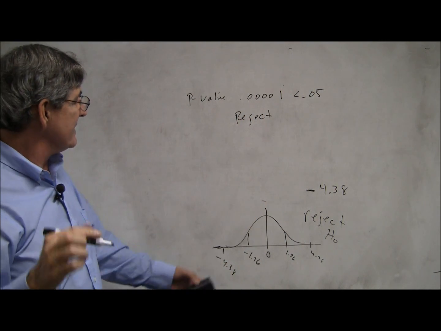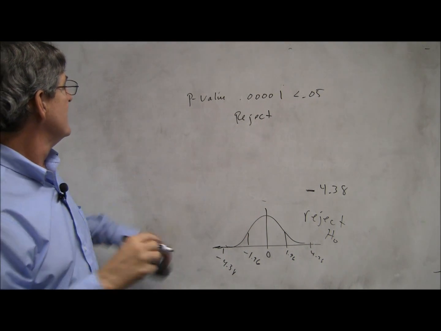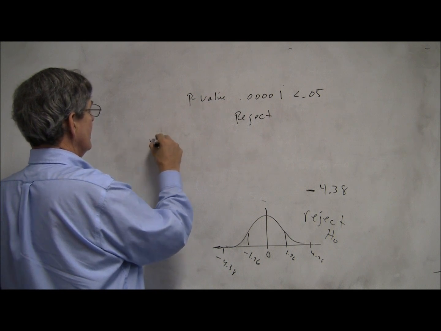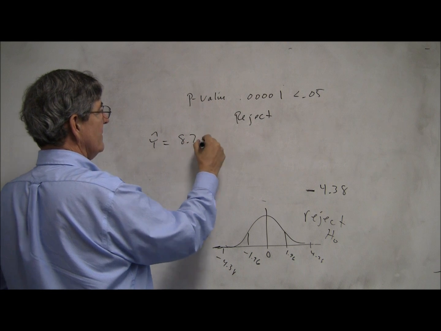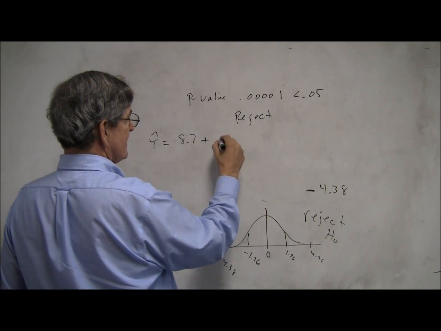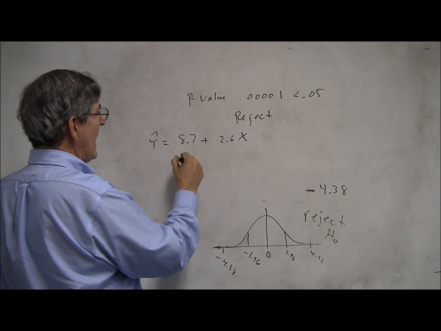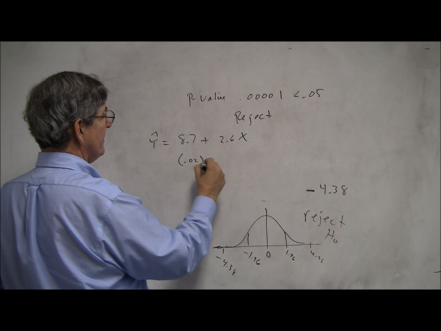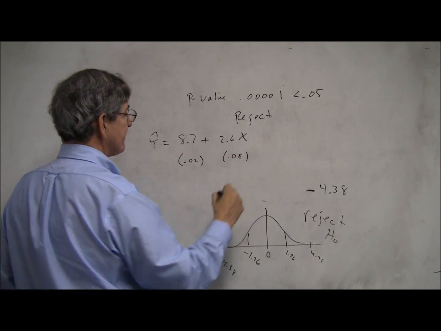I think just doing the t-test is the easiest way to do this, but sometimes they're reported this way. Sometimes when you see a regression line, y hat is 8.7 plus 2.6 times x, they'll actually put the p-values in here, 0.02, 0.08.